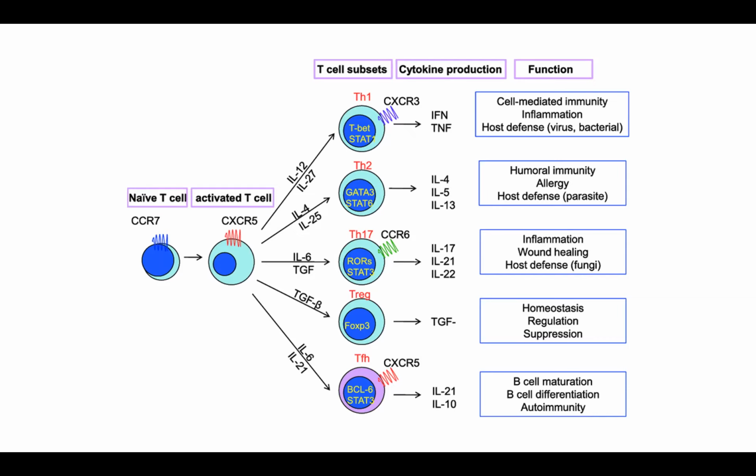For example, your naive T cell is activated through this interplay with the dendritic cell, and then there's a secretion, let's say IL-4 and IL-25, then you'll get TH2 cells, and they will start to produce IL-4, IL-5, and IL-13 cytokines. Well, what's that for? It's to help kill parasites.